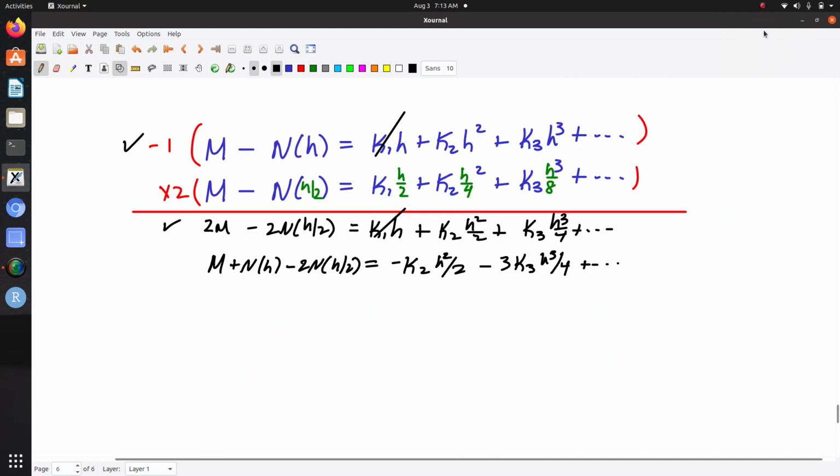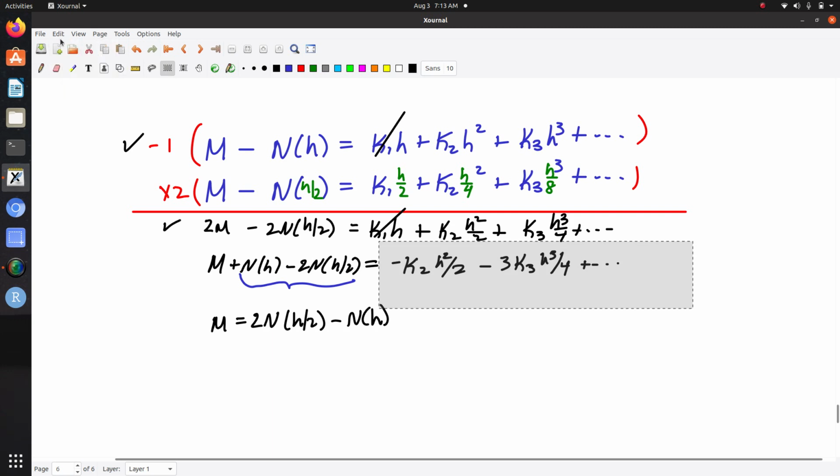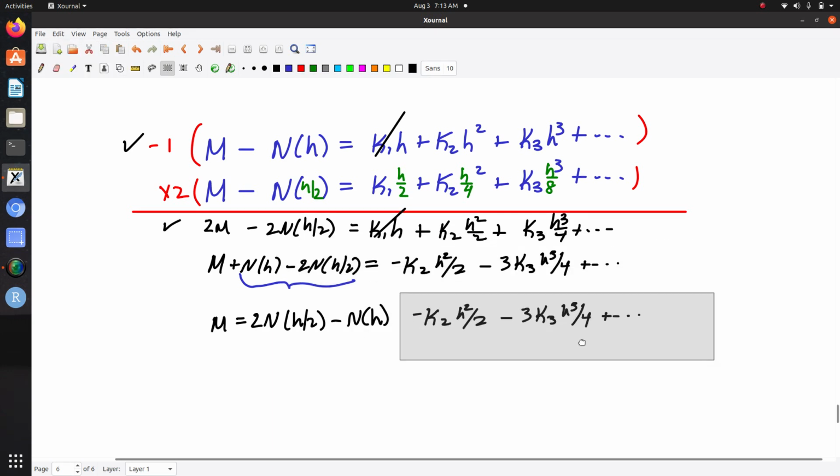Hold on. Okay. So what we're going to do is label some of these parts. First of all, I'm going to chuck this part onto the other side, so it's going to switch the order of this, and I'm going to call that something. Okay, so M is equal to 2N of h over 2 minus N of h, and then I'm going to take this stuff and chuck it down here.